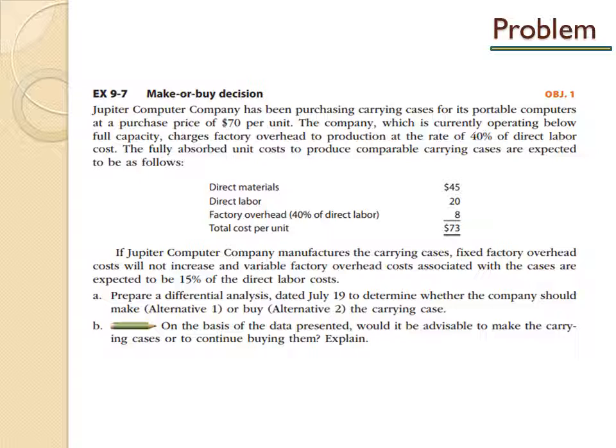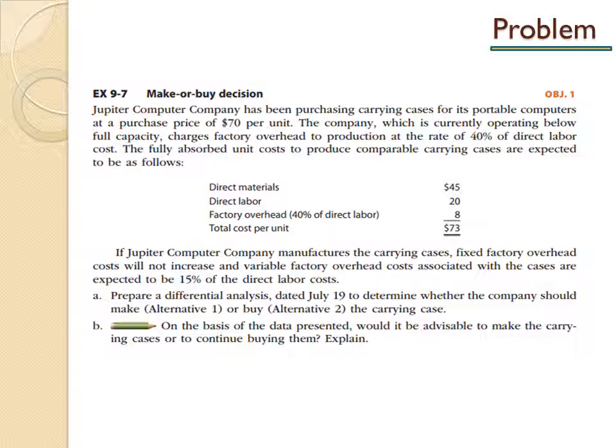So direct materials per unit is $45, direct labor per unit is $20, and then factory overhead, which is 40% of direct labor, is $8, with a total cost per unit of $73.